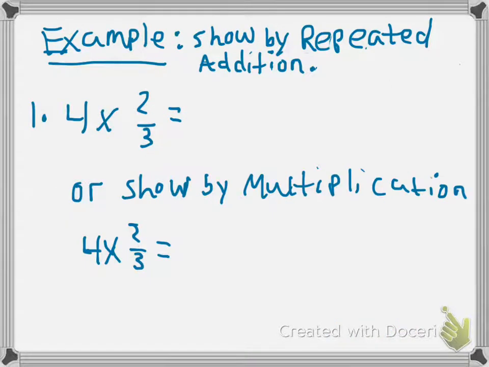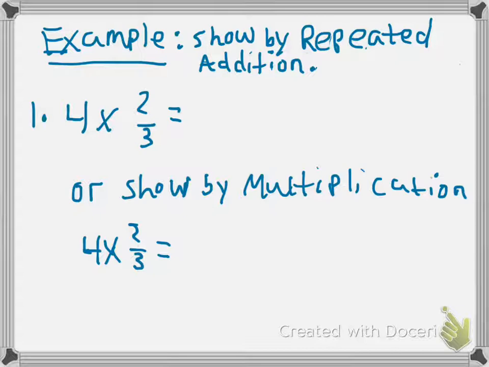Another way to show multiplication, as we know, is by repeated addition. If you take a small number like 2 times 4, you know that in addition it's 4 plus 4, so you have 2 4s. You can also do that with rational numbers.